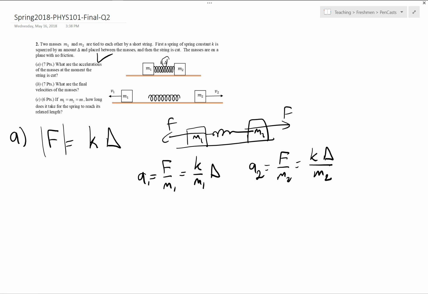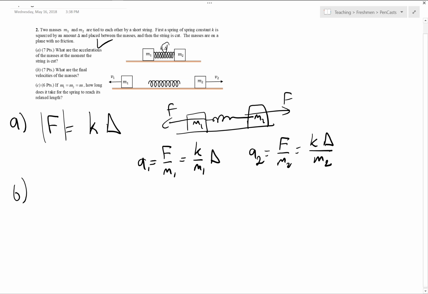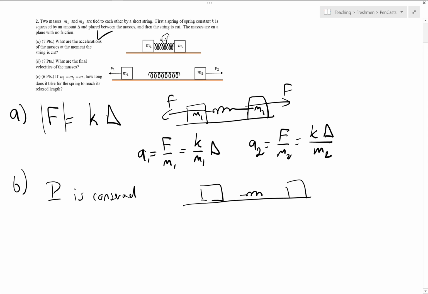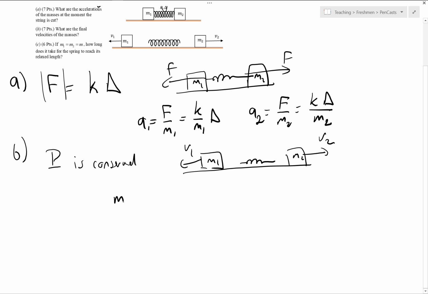What are the final velocities of the masses? Now, during all this process, momentum is conserved, right? What does that mean? After these objects basically leave the spring behind, if their velocities are v1 and v2 in opposite directions, I know the following: m1 v1 must equal m2 v2.